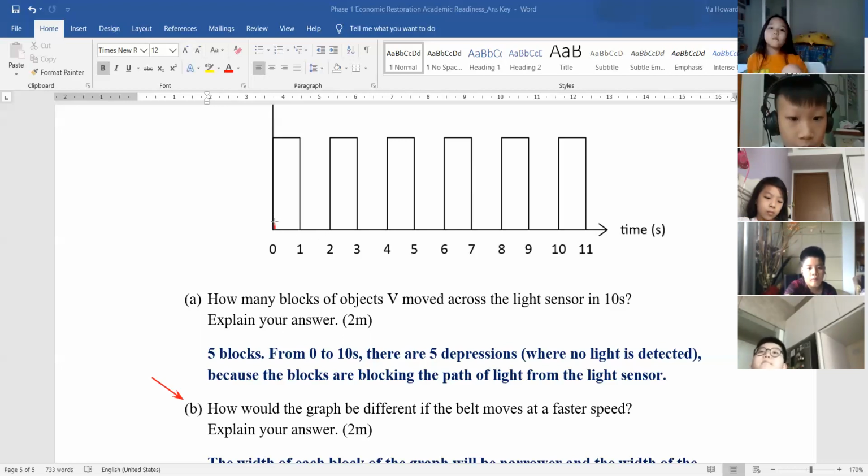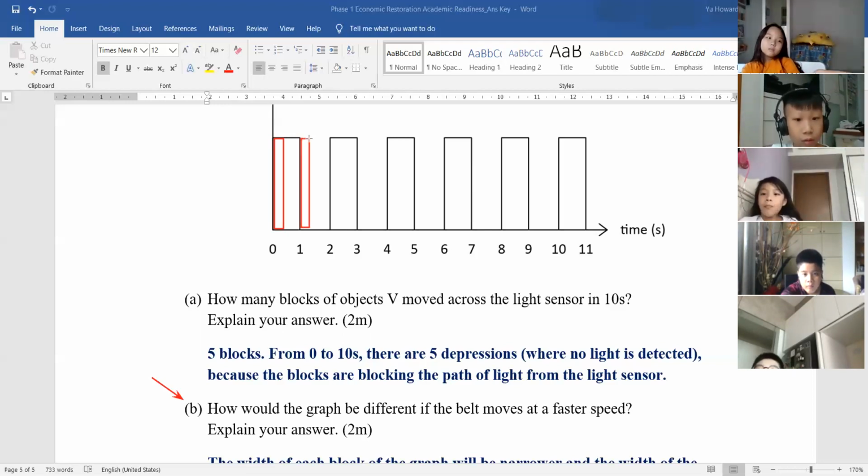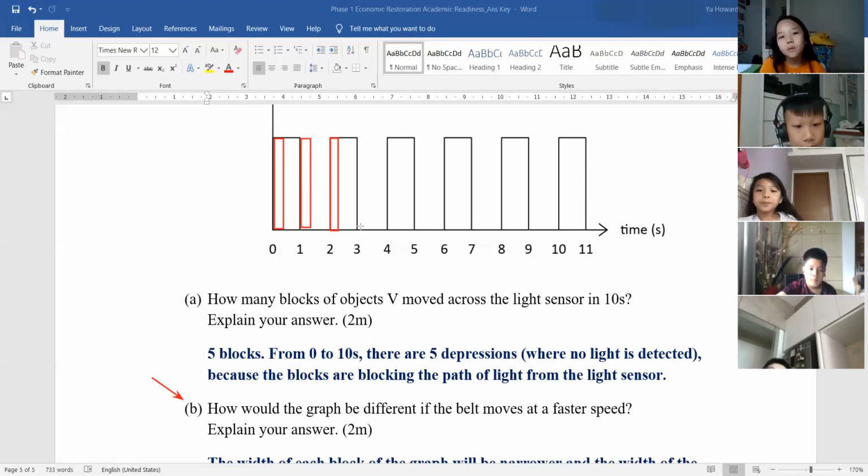So this is what may happen. So if the block moves faster, you'll see this one, first one. Second. Third. Okay.